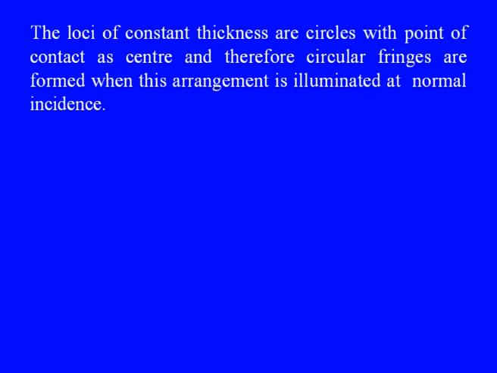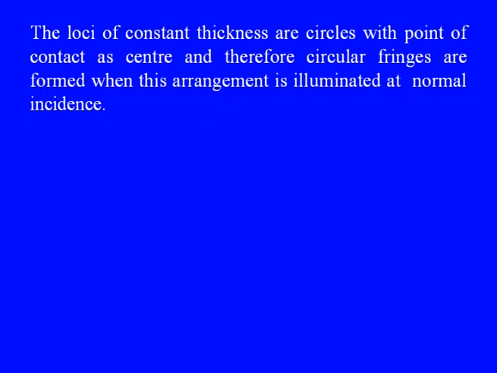Now, the loci of constant thickness are circles. They are circles because of the circular symmetry here, with the point of contact as the center. Circular fringes are formed when this arrangement is illuminated at normal incidence, which is always the case.